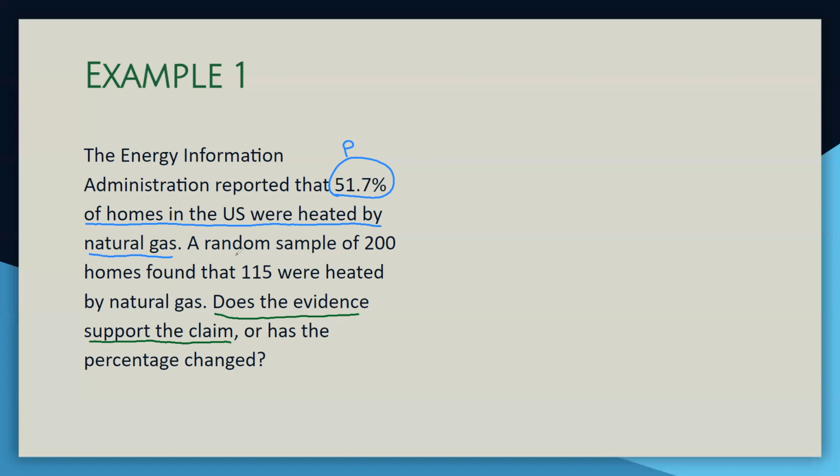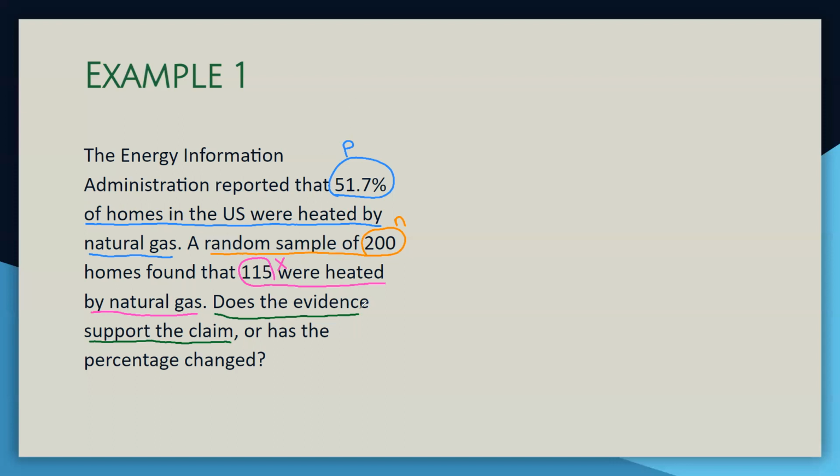And then it says a random sample of 200. So that's our sample size. Of homes were found that 115 were heated by natural gas. So that's the number of successes in our sample.